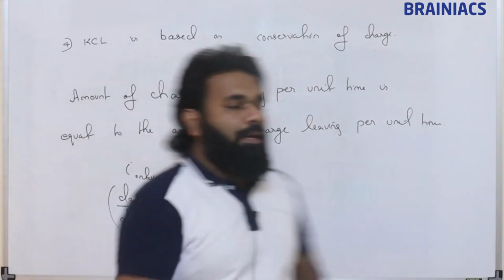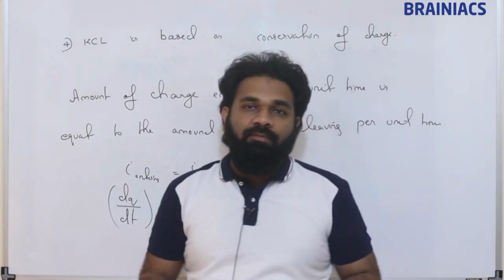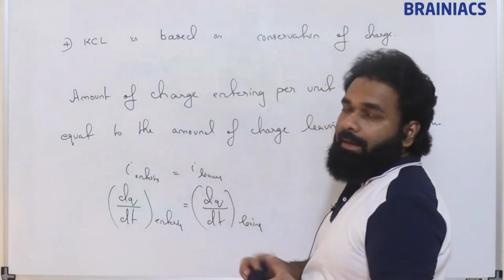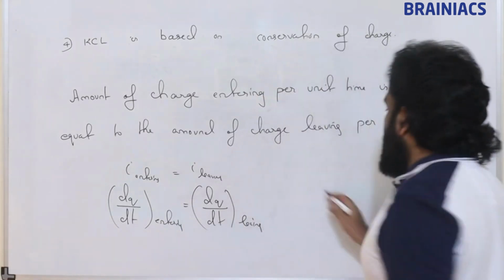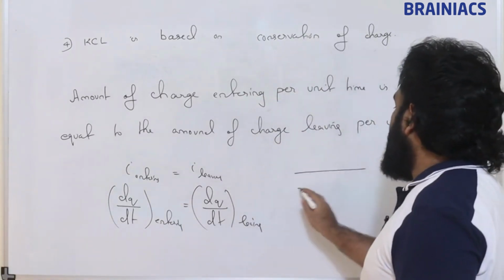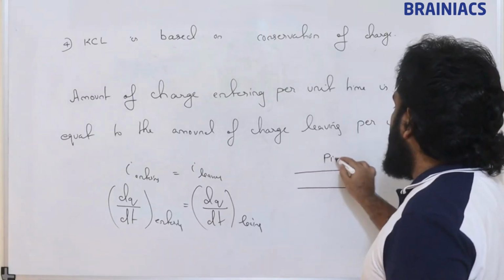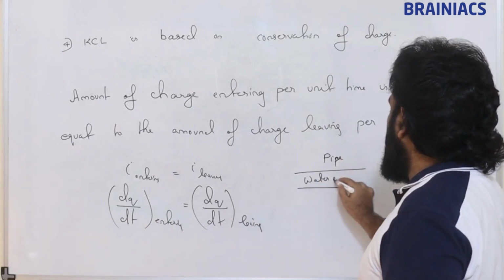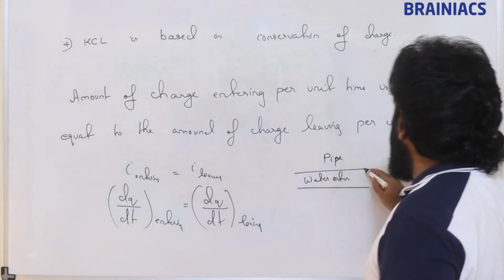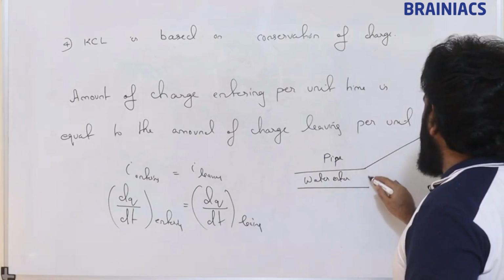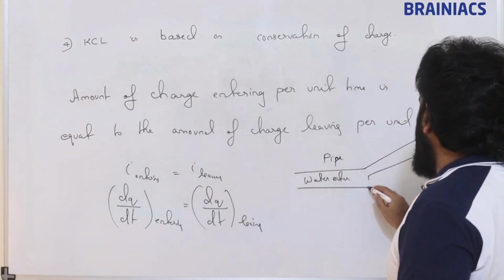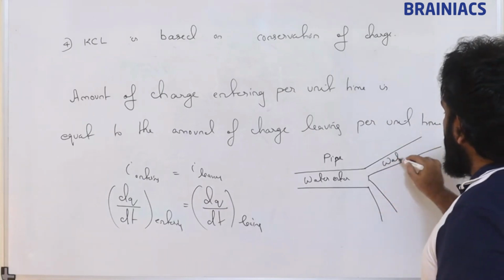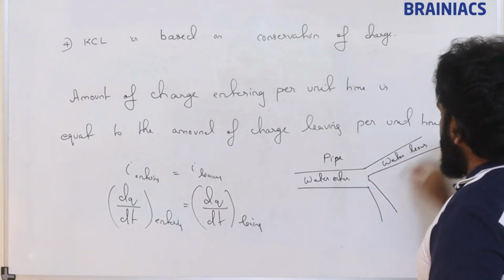So I have mentioned the book by H.C. Verma. H.C. Verma sir used to give a clear example, a simple one. If this is a pipe, water enters, and from this pipe water leaves.